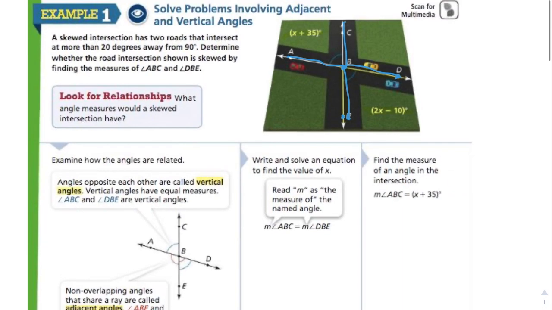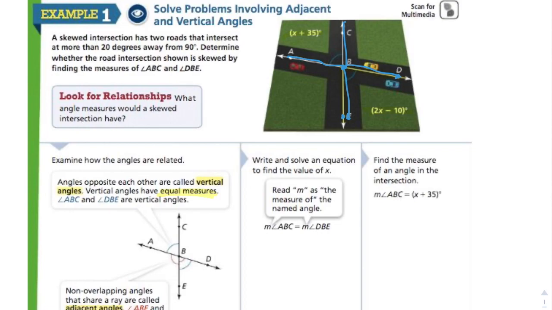So if we're looking at our example up here, we are dealing with 2 vertical angles. And the most important part of a vertical angle is that they have equal measure. They equal each other. So that makes our job here a little bit easy. Because since we know that they're vertical, we know that they equal each other, we can set those measures up equal.